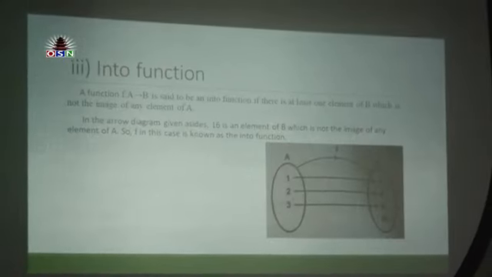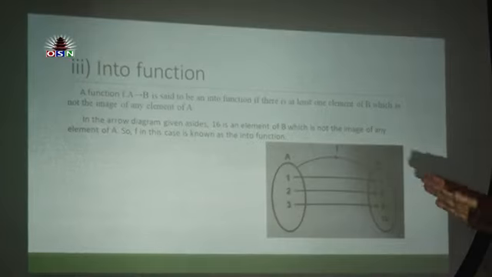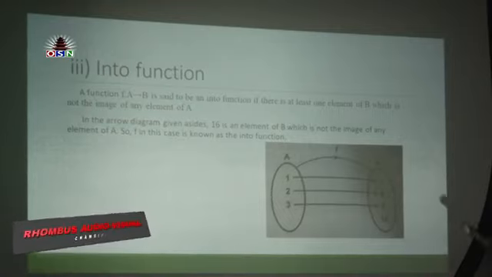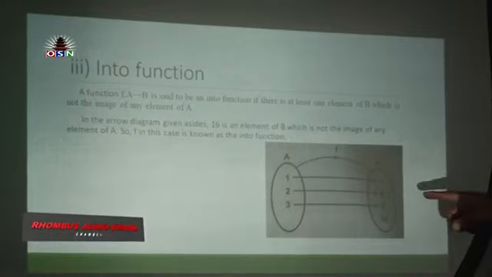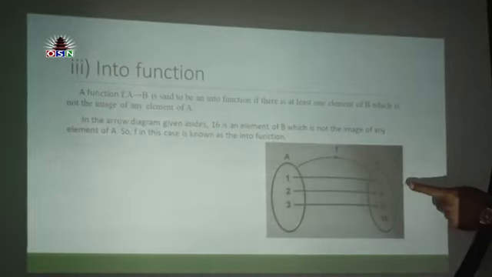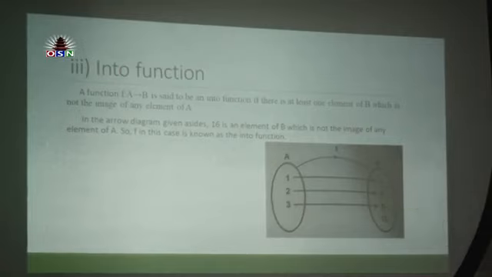Now into function. For into function also, just look at the diagram here. What are the images here? 1, 4, 9. They are images. Let's make a collection of images here. When you make a collection of images, you will find in the range 1, 4, 9.